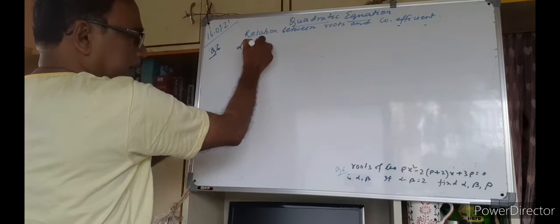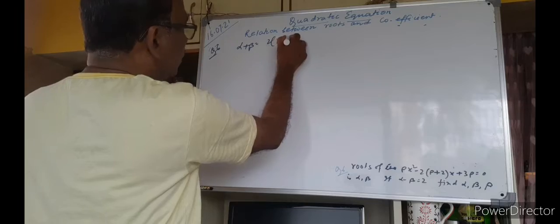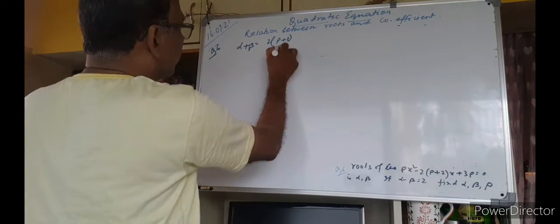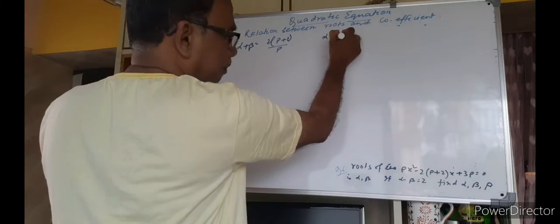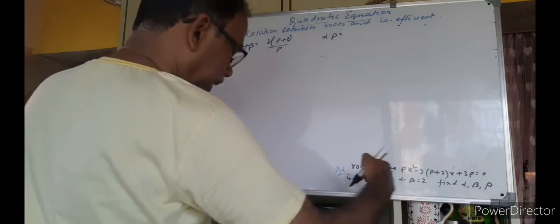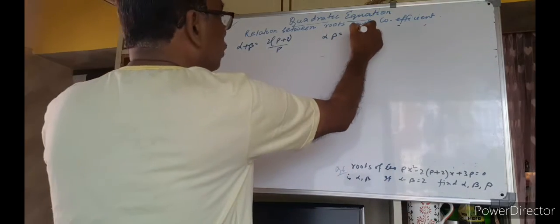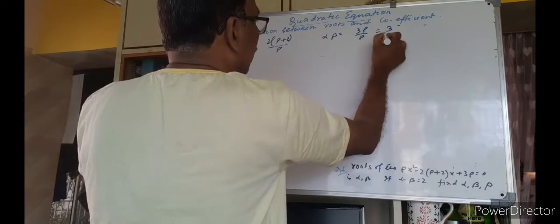Alpha plus beta, the sum of the roots, is 2 into p plus 2 by p. Alpha beta, the product of the roots, is 3p by p, that is 3.